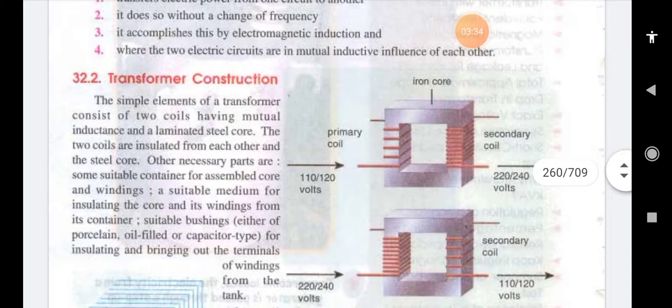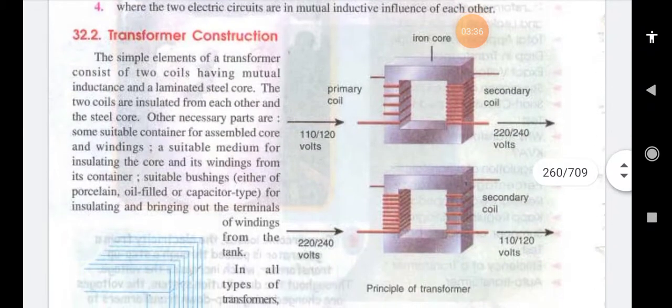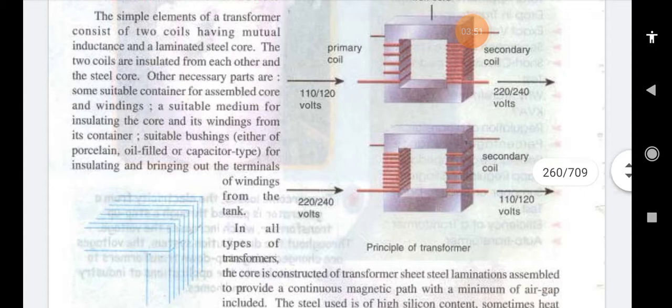Now the transformer construction. The simple element of a transformer consists of two coils having mutual inductance and a laminated steel core. The two coils are insulated from each other and from the steel core.